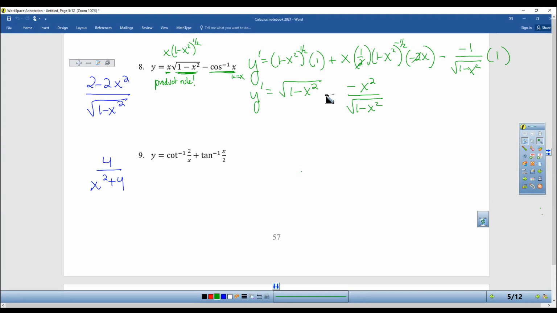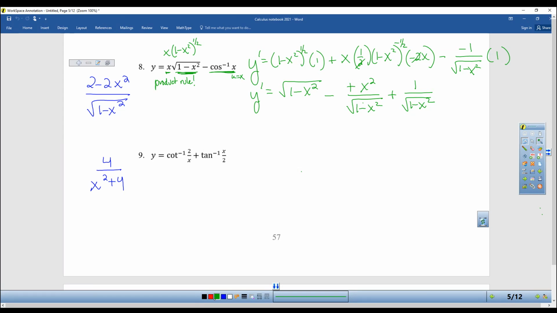If you want, you can write this as negative plus if you want to help see the terms. And then plus 1, so the negative and the negative made a positive, square roots of 1 minus x squared. So they do have the same denominator, so I can put them together.